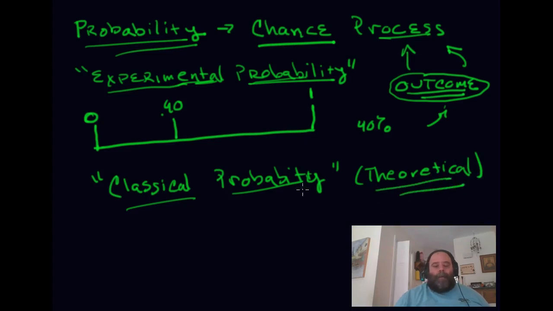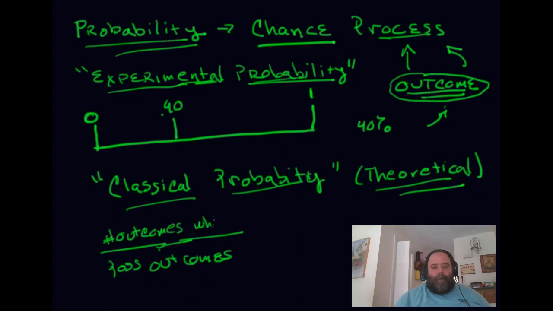If I can examine the event and look at the number of possible outcomes, and then look at the number of outcomes where my outcome happens, this will give me a classical probability.